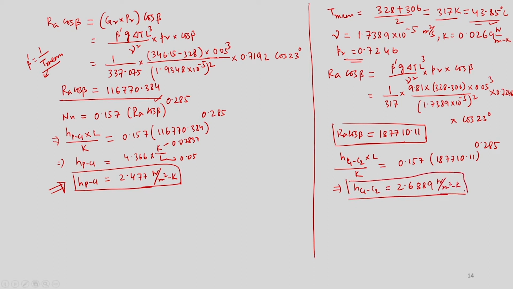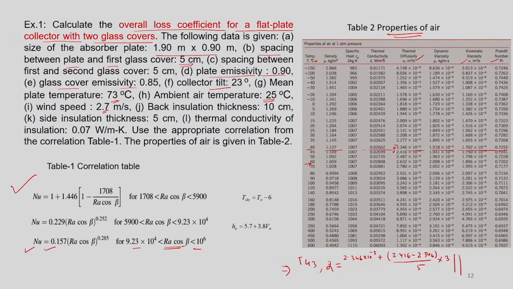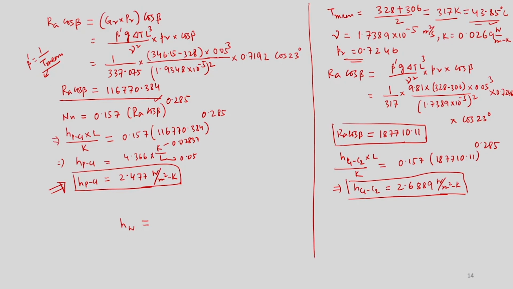What next do we want? Hw. So, how to calculate Hw? Already we know the expression for Hw, which is also given here in the problem. So, Hw is 5.7 plus 3.8 into U infinity, that is velocity.